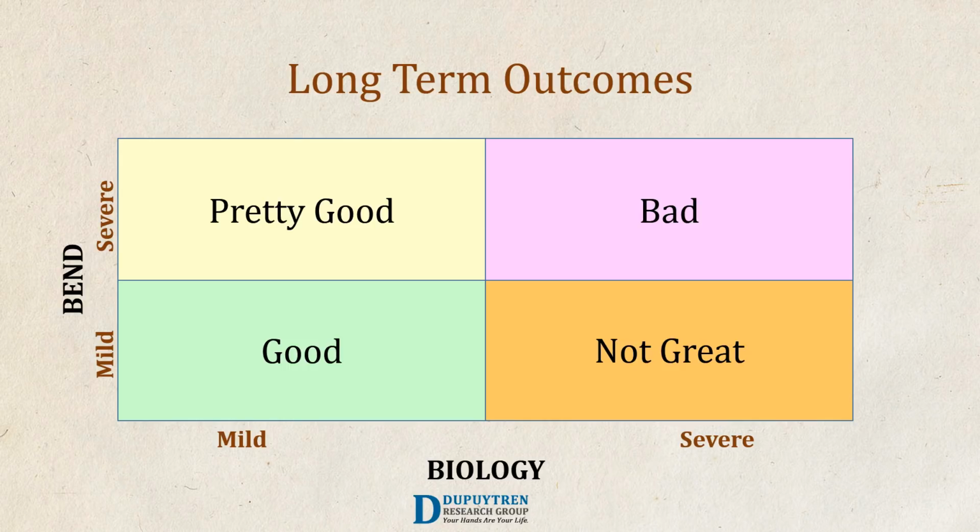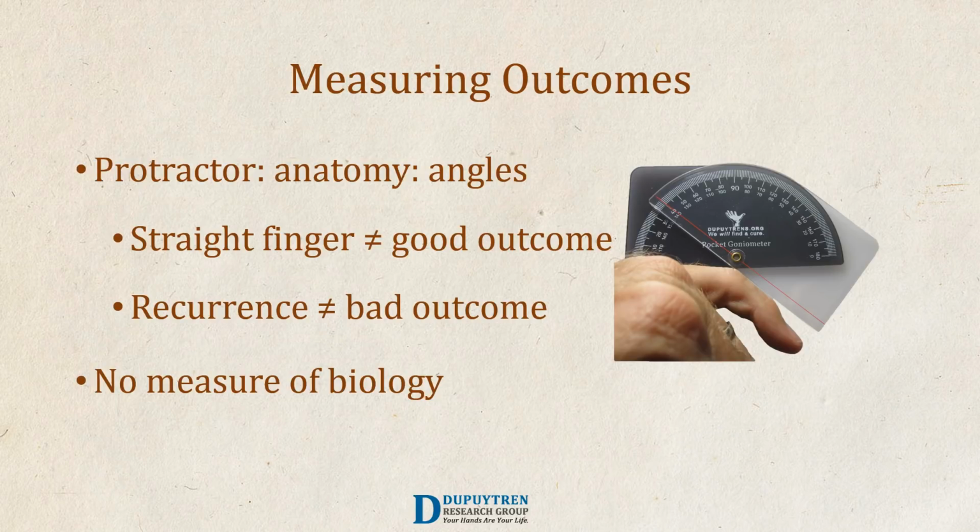If someone has severe biology, however, regardless of their contracture, their odds of having a good long-term outcome and not having multiple procedures is not as good. And this is an exposure of the difficulty that we have trying to control a medical condition with a surgical procedure. So what do I mean by good outcome or bad outcome?